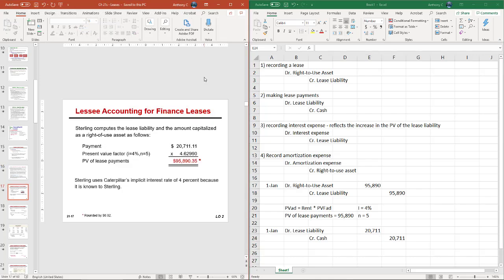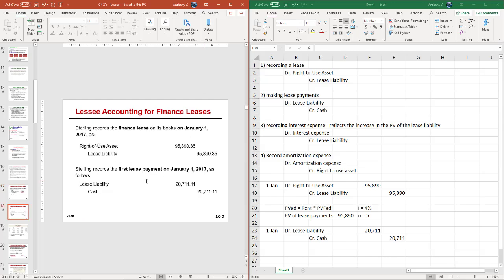Okay, so we've gone over recording the lease asset and liability, and we've gone over recording the first lease payment. After making the lease payment, as it hits towards the end of the year, we're going to have to make an adjusting entry to record interest expense and amortization expense.